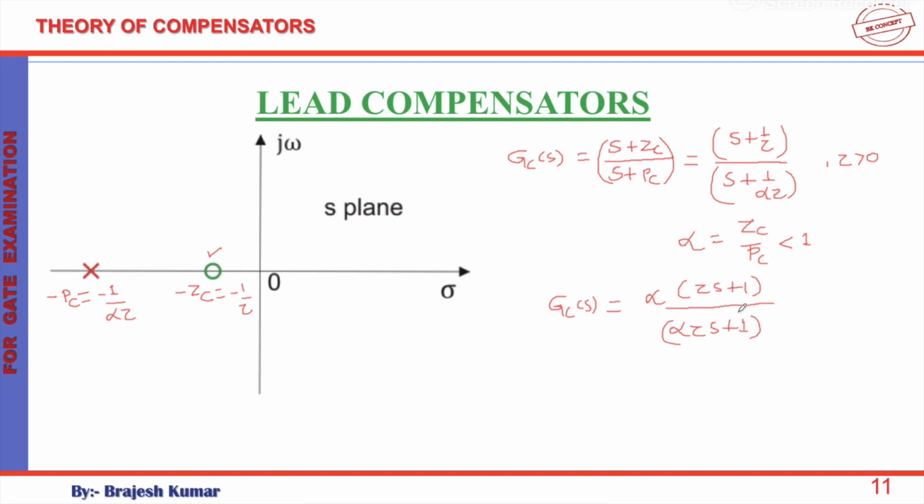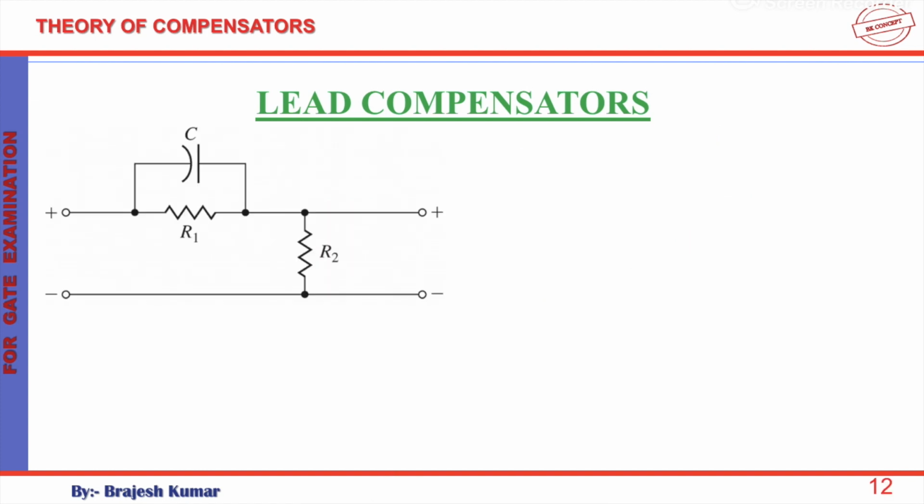So this is basically a general transfer function for the lead network where alpha is less than 1, which is the ratio of zc upon pc. If you want to find alpha, you take the ratio, zc upon pc, and you will automatically get alpha. And we have assumed that alpha is less than 1.